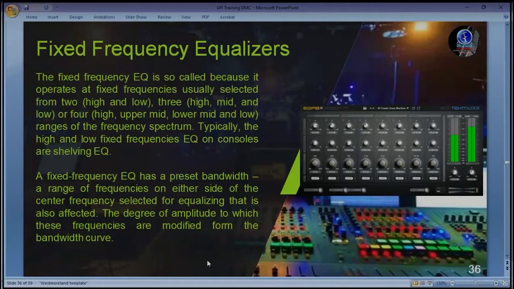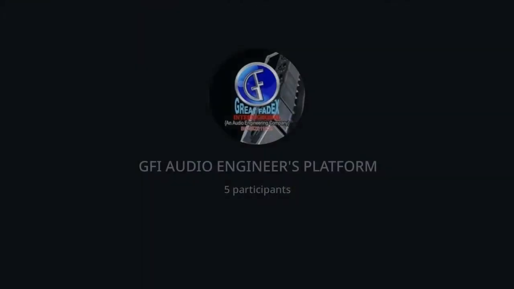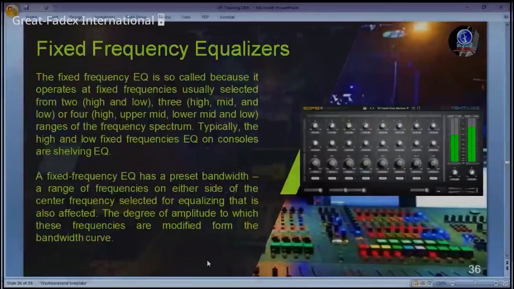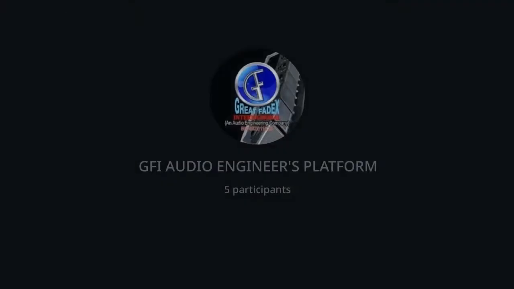If you are going clockwise, then it means you are increasing the amplitude of that particular knob that you are dealing with on the frequency.